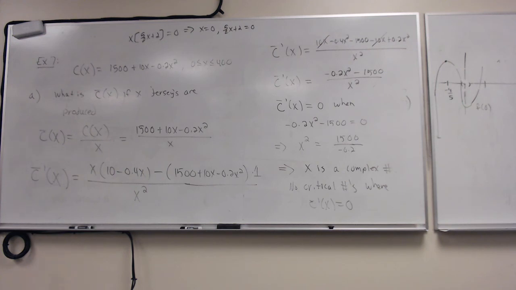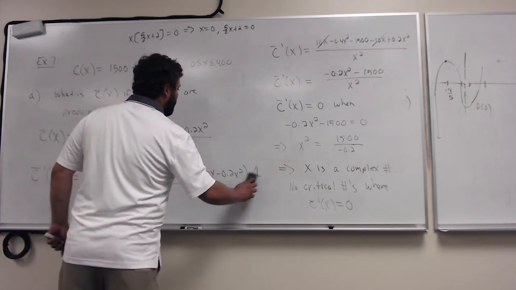Okay. So interestingly, there's no critical numbers where the derivative is 0. There's one critical number where the derivative is undefined.